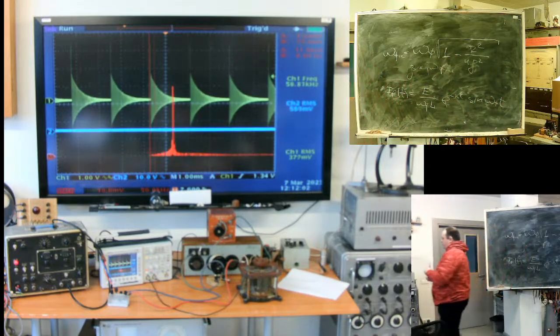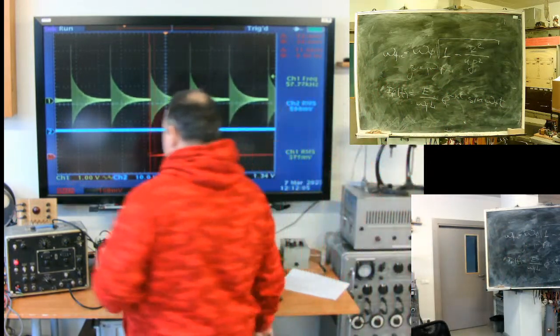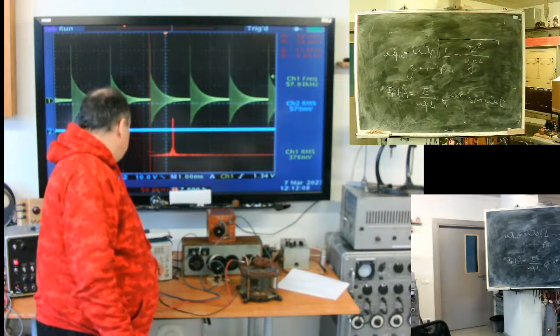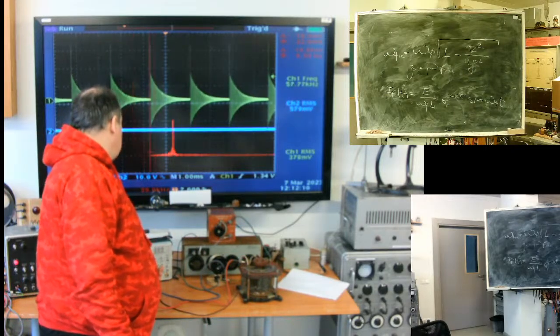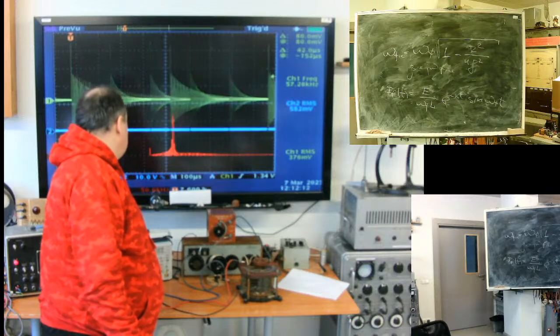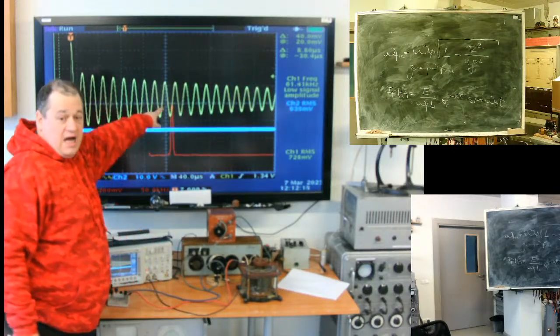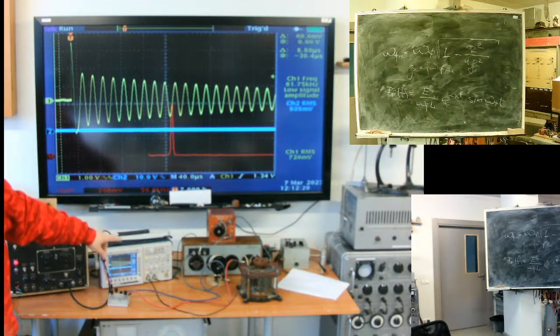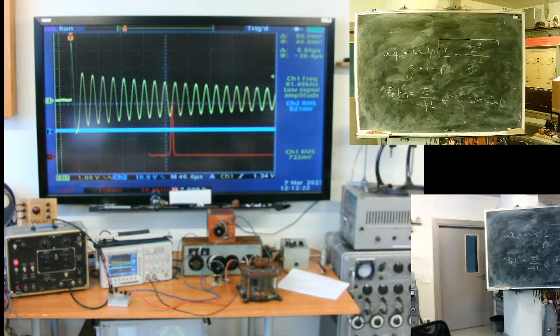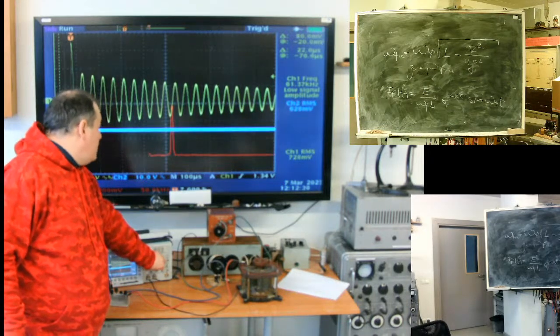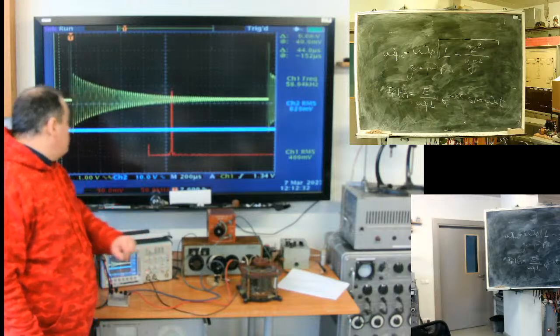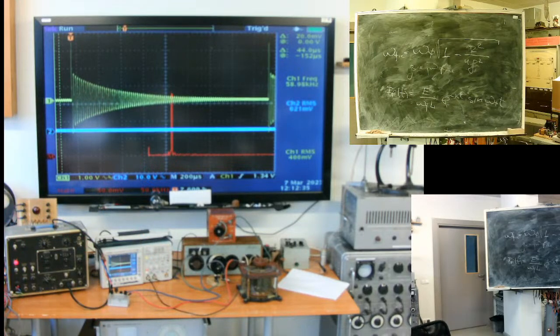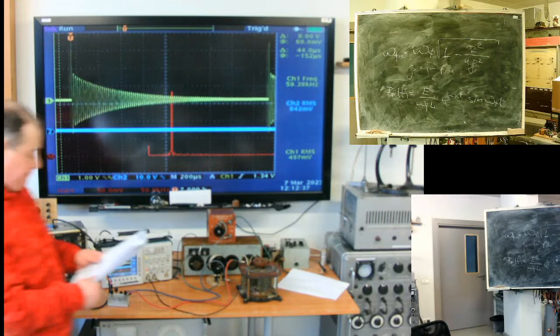Current will have the form of a decaying sine. Sorry, I need to switch. You see, it's a decaying sine. If it were a constant power supply, not a pulse, the oscillation would also be constant. But here, to show the full process, I'm using a pulse supply.